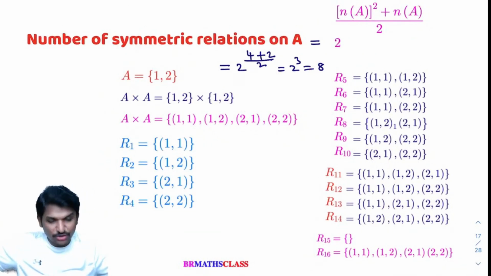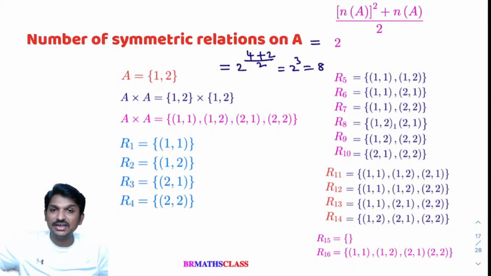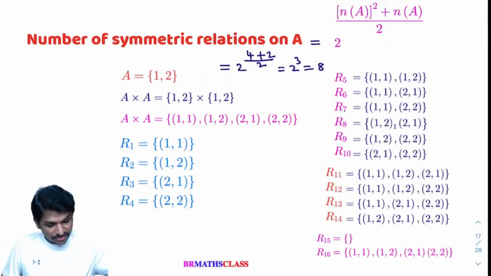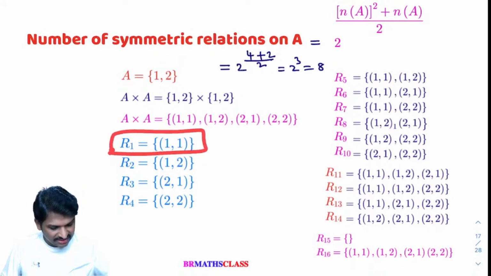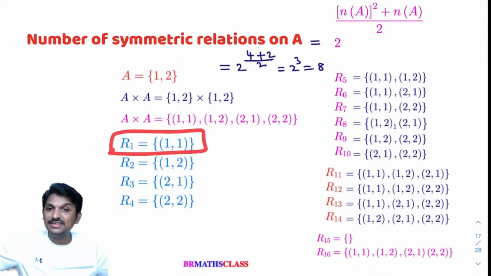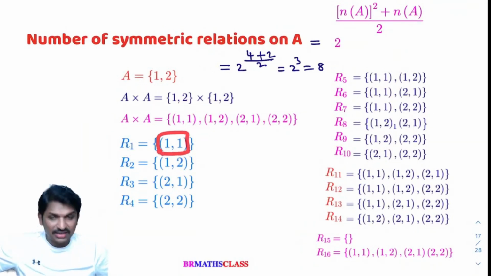Now I need to identify what those symmetric relations are. Okay, first one, look here, this one R1. Is it a symmetric relation? Yes, it is a symmetric relation. Why is it a symmetric relation? See, this element satisfies the symmetric condition.